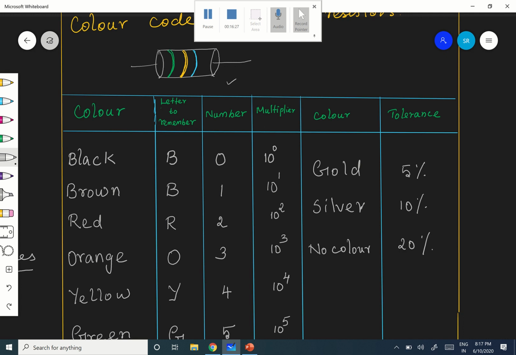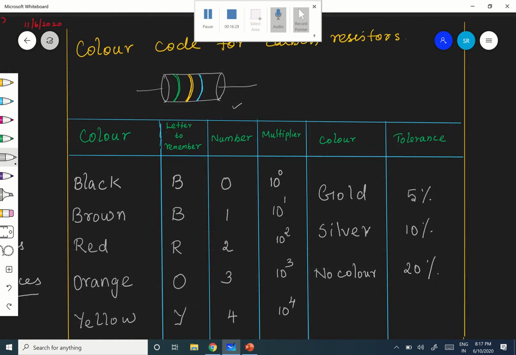See, let me go for the resistance, what I have. Let me give you, okay, this is the resistance, correct? Color code resistor.